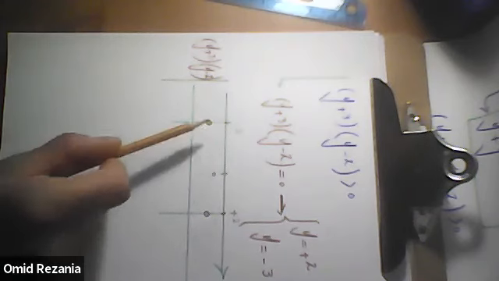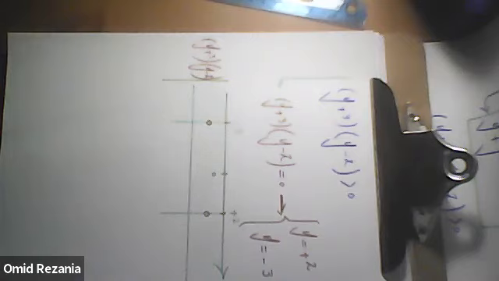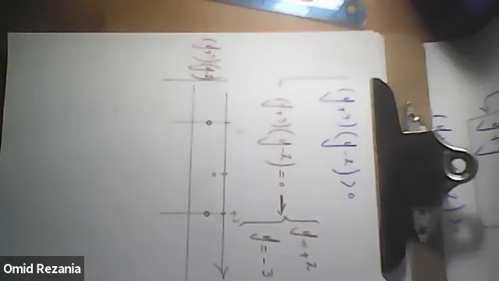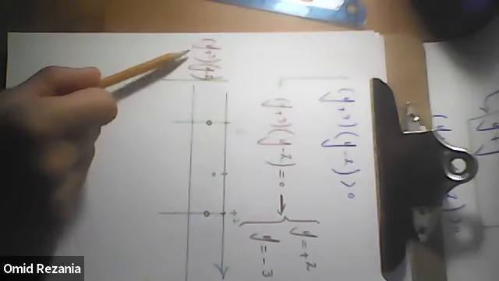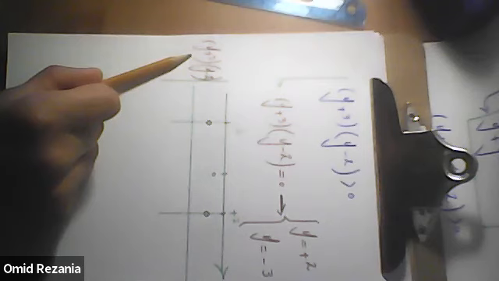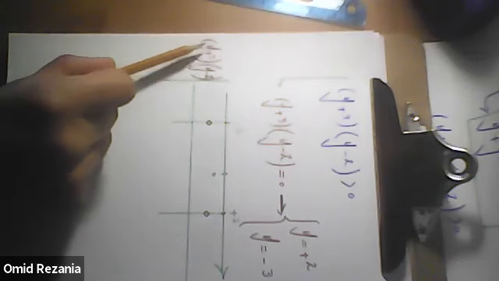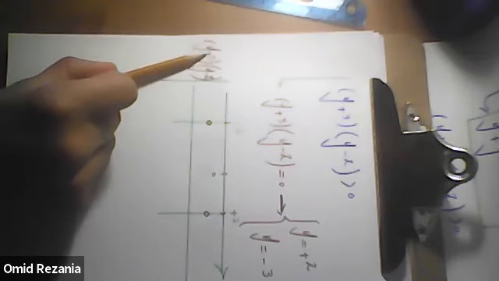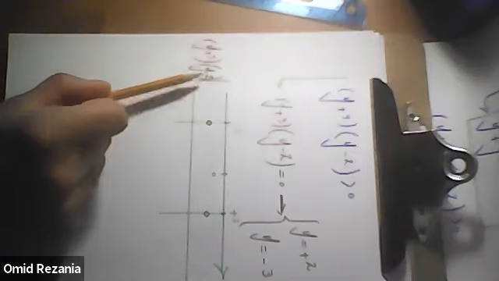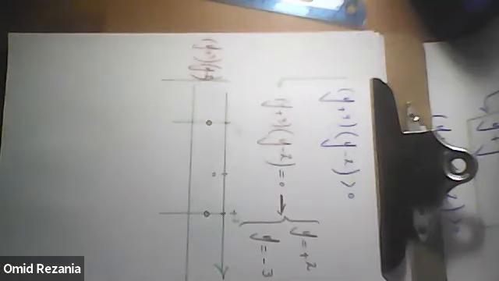Mingzhi, pick one number in this interval. -1. Yeah. If you plug -1 into your function, what happens? What is the sign? -1 plus 3 becomes how much? Plus 2. Plus 2 times -1 minus 2 becomes how much? -3.